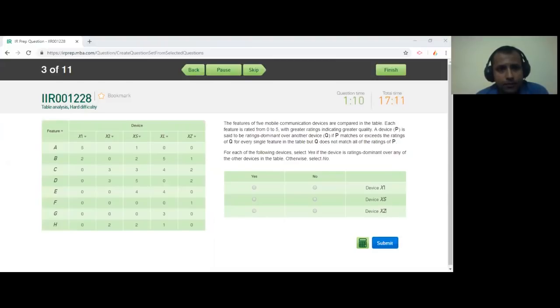If you want me to sort any of the columns, you can ask. I think for the first problem, let me sort as per device X1. Essentially, all three problems just state a device name. So I would like to see if anybody can come with the analysis of the problem.